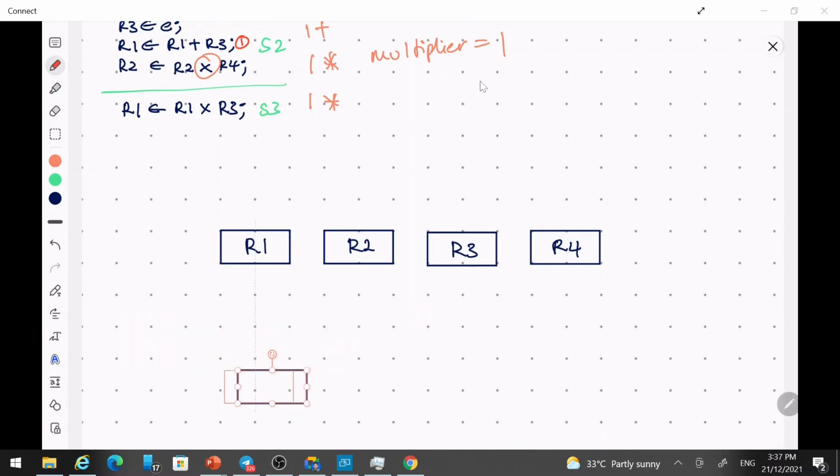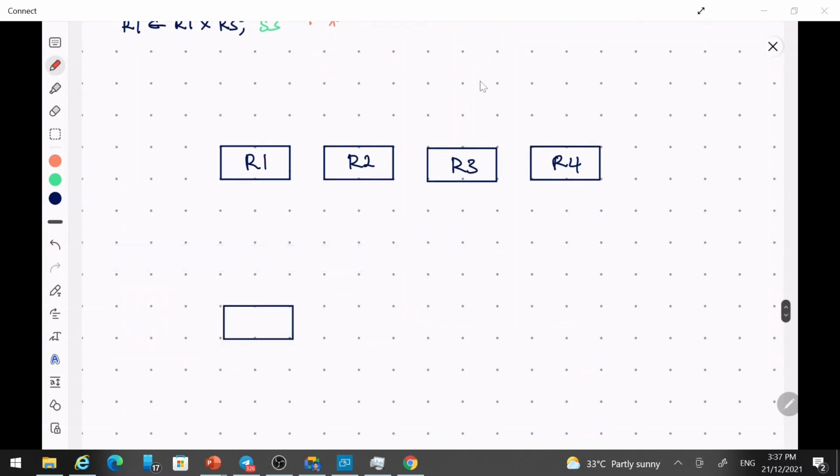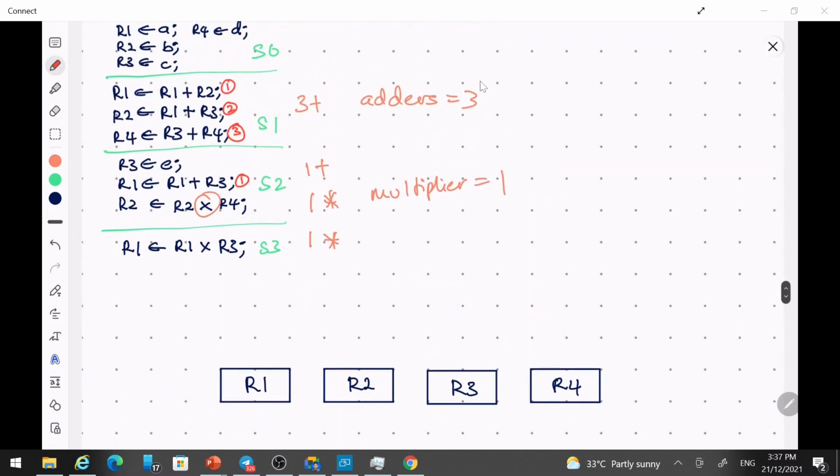Now you will have 3 adders. So let's say, for example, this is your multiplier, this is your adder, another one, and another one. So you will have adder number 1, adder number 2, adder number 3, labeled such that they represent this number 1, number 2, number 3.